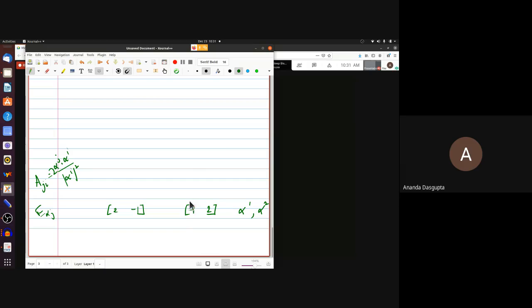This minus 1 tells you what you can do with alpha 1 on alpha 2. And this 2 here tells you what you can do to alpha 2 using alpha 2. So, is this clear? Maybe I didn't say this clearly enough, but that is what you really need to understand properly.